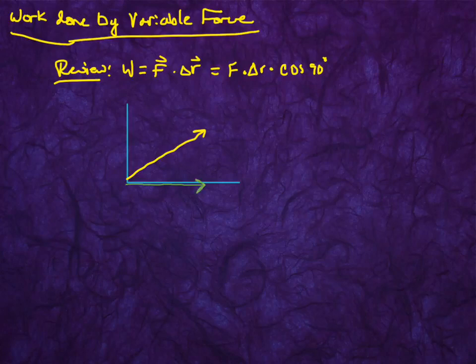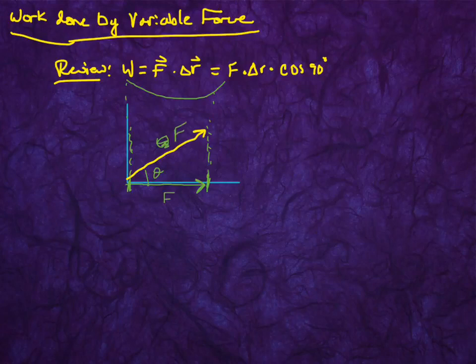So if we were to shine a light above our force vector, it would cast a shadow onto our x direction. That would be that long, and that would be the cosine of that theta.